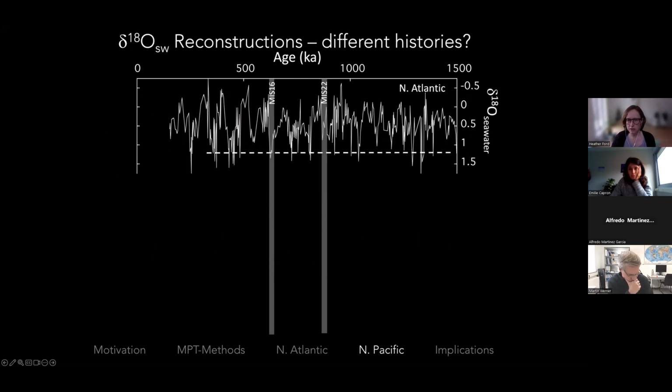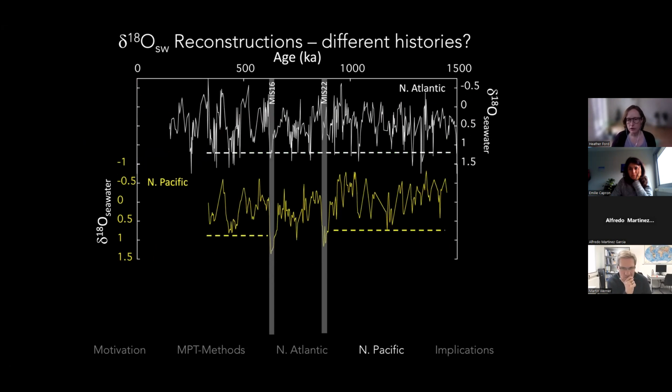So in the North Atlantic, our delta 18O seawater is relatively flat. There's no implied increase in ice volume over the mid-Pleistocene transition. If we look at the Pacific, we have these two excursions at marine isotope stage 22 and marine isotope stage 16. But overall, we do have an apparent increase in the delta 18O seawater.